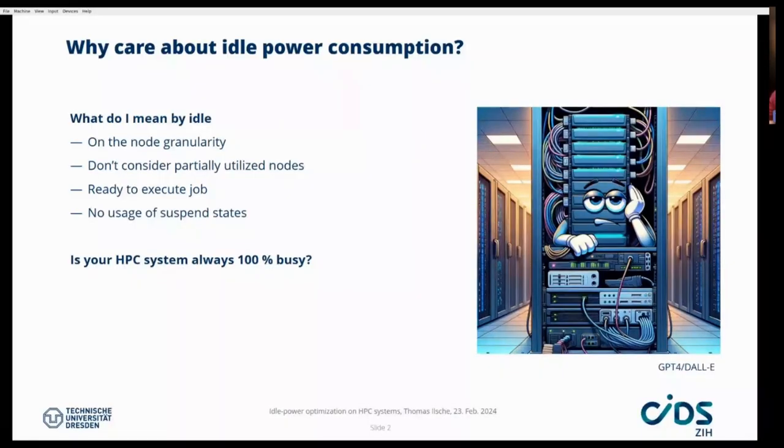We also have situations where the node itself is fully functional and working, but there is a maintenance of the file system, so the file system won't work, or the time before the maintenance also has gaps in scheduling because the longer jobs cannot be scheduled anymore. So there are plenty of cases where we have full nodes being idle but ready to execute jobs.